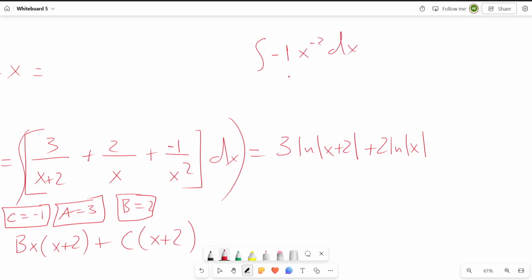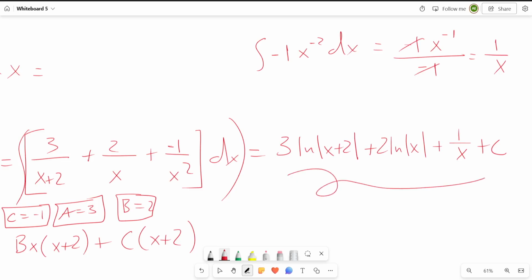So I will add 1 to the power, so this is equal to minus 1 times x power negative 2 plus 1 is negative 1, over the new power, which is negative 1. These two cancel, so this equals x power negative 1, or 1 over x. So plus 1 over x plus c. This over here is my answer to the question.